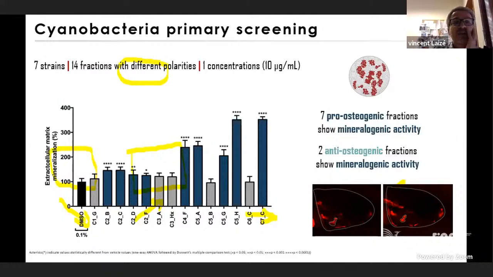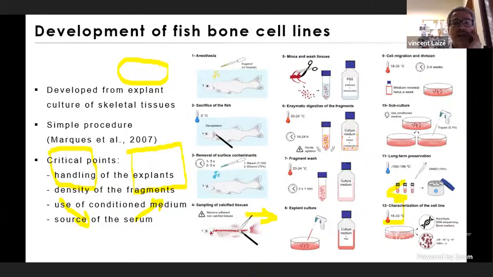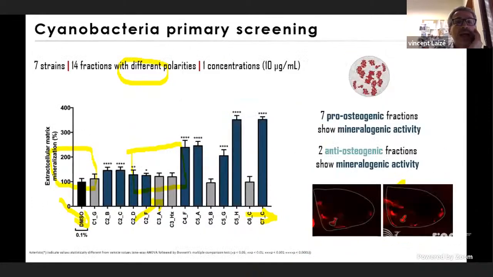It was 7 different strains, and these extracts were tested first in the operculum of the zebrafish, and we identified 14 fractions with different polarity that had a pro-osteogenic effect or an anti-osteogenic effect in that operculum system.